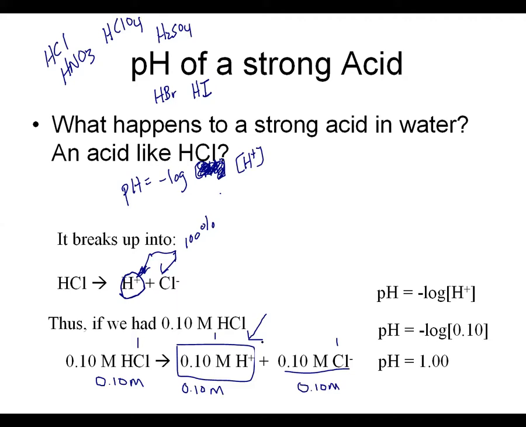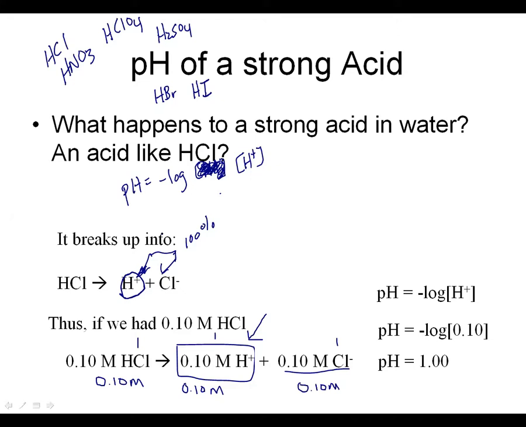So sometimes you'll be given an actual formula for an acid, and that formula, you need to figure out the H plus concentration. The good news is in this class, you will only be given an acid that is strong. So if you're given a formula for an acid, it is a safe assumption to assume that it is a strong acid, which means all you pretty much have to do is figure out the H plus concentration and then stick it into the pH equation.